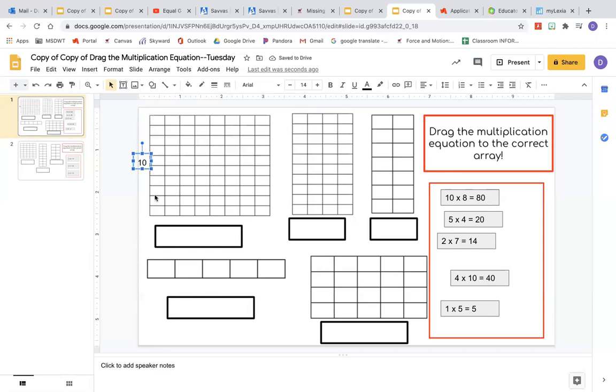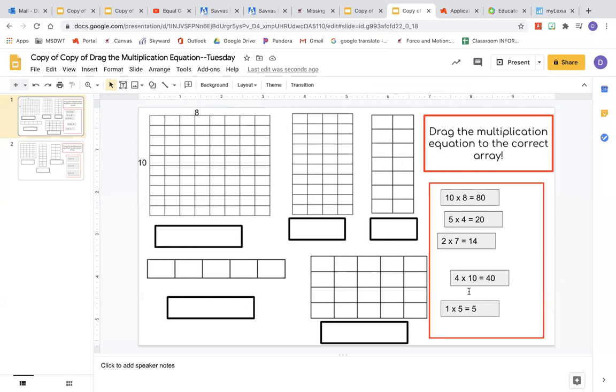Or I could say it as how many columns do I have? 1, 2, 3, 4, 5, 6, 7, 8. So my multiplication is going to be 8 times 10, or it could be 10 times 8.